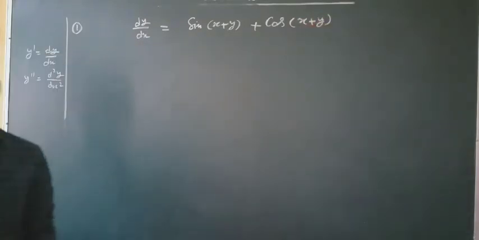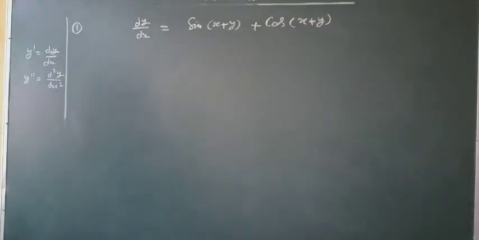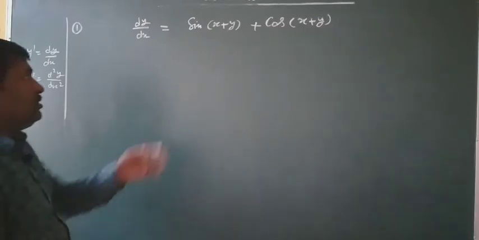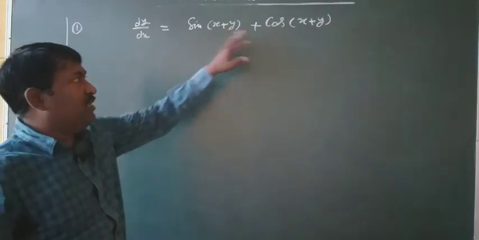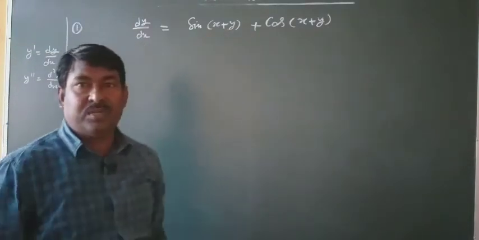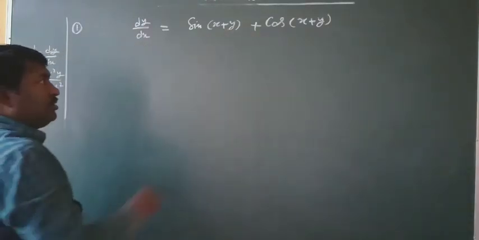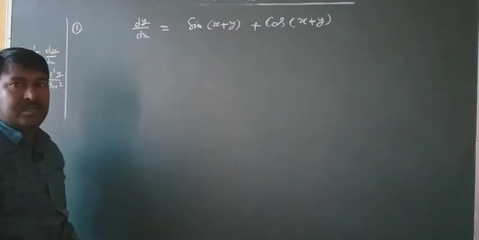So see, can you separate x and y so that you can take all x along with dx and all y along with dy? Can you take it? Think about it. No. Since here x plus y is along with sine and along with cos, you cannot take it out. These x plus y are in angles.